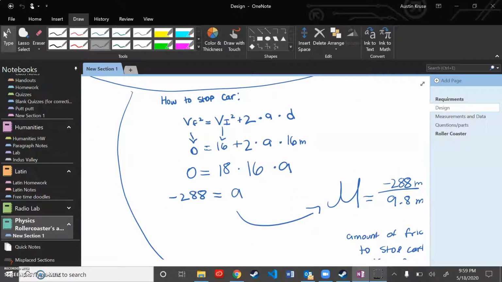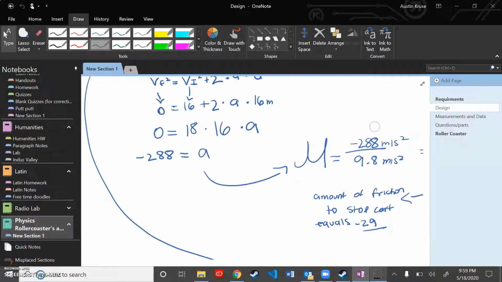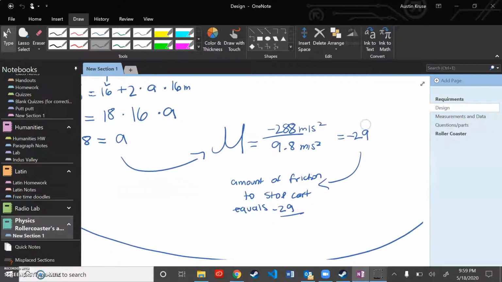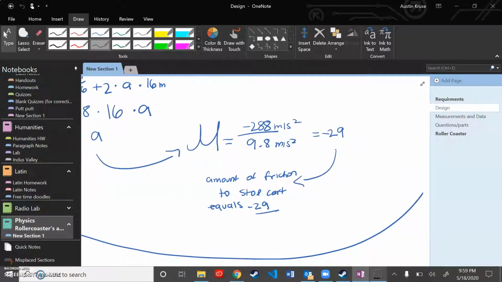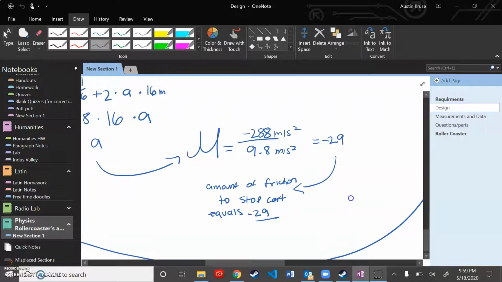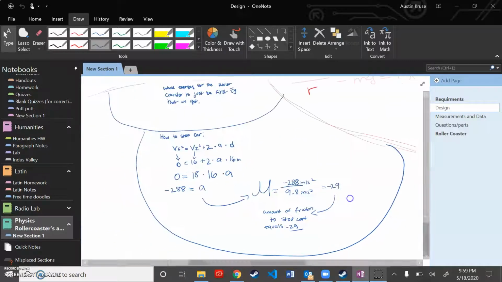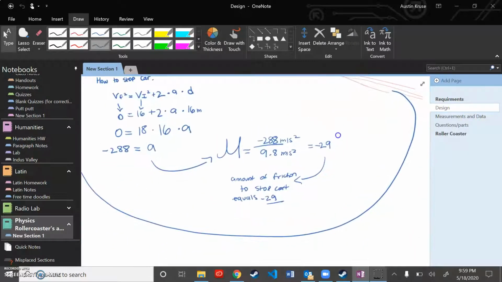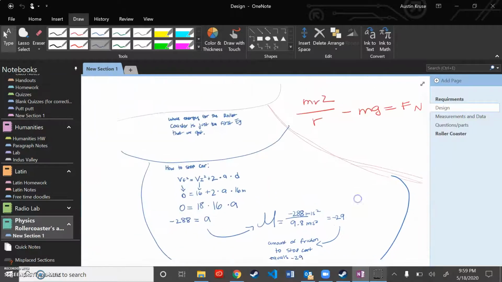She gave us a formula, we used it, and that was our acceleration to slow down, and the amount of friction to stop the car equals negative 29 meters a second squared. So yeah.